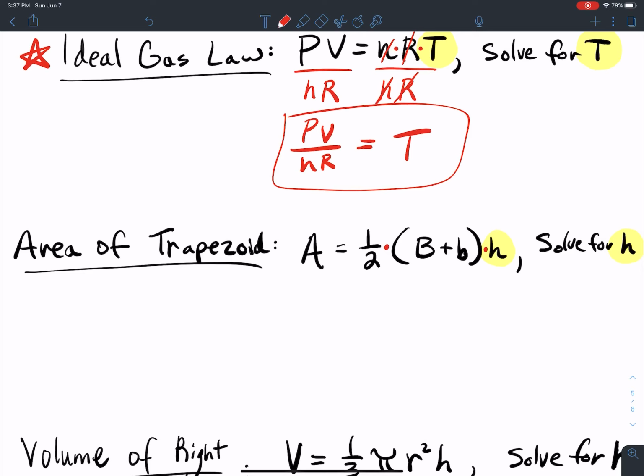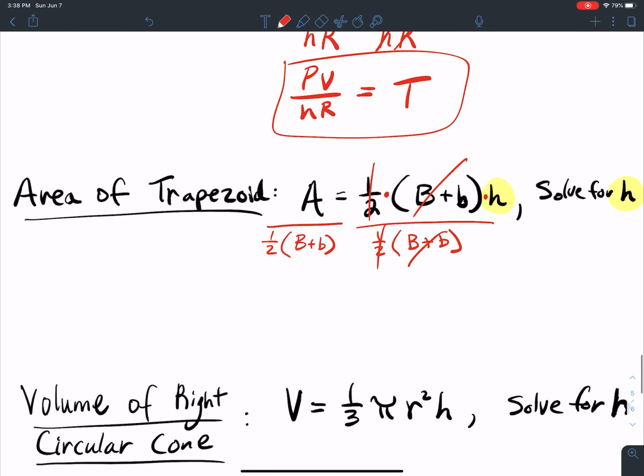I need to divide by 1/2, and I also need to divide by capital B plus lowercase b, and I do it on both sides. Now, this is a nasty way to do it, but it definitely gets you the answer. So H is equal to A divided by 1/2 times (capital B plus little b).